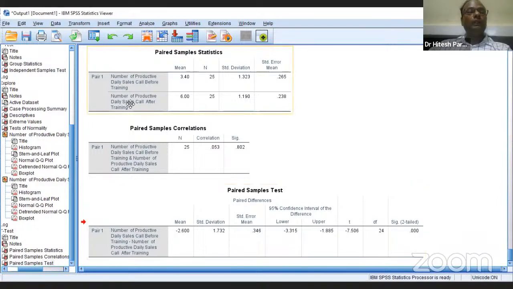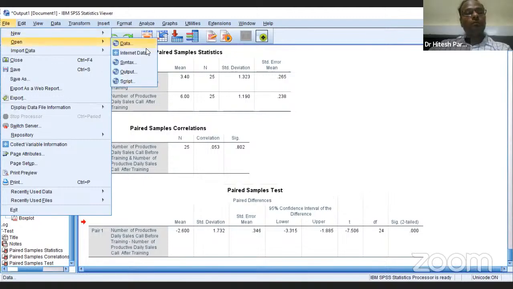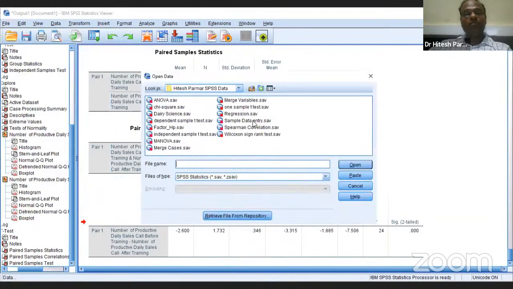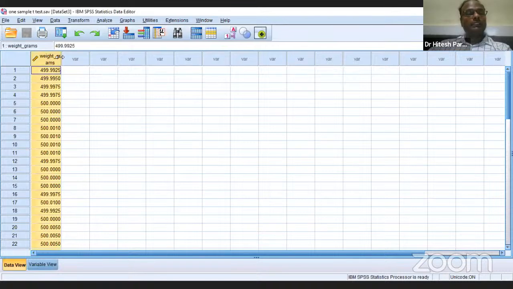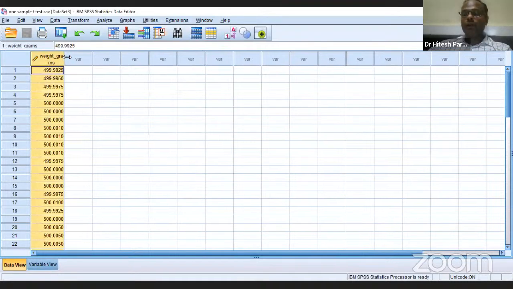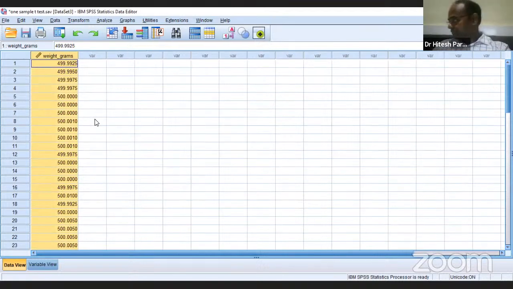Now, open the file one sample t-test. One sample t-test is a comparison of a standard benchmarking value versus the sample mean.